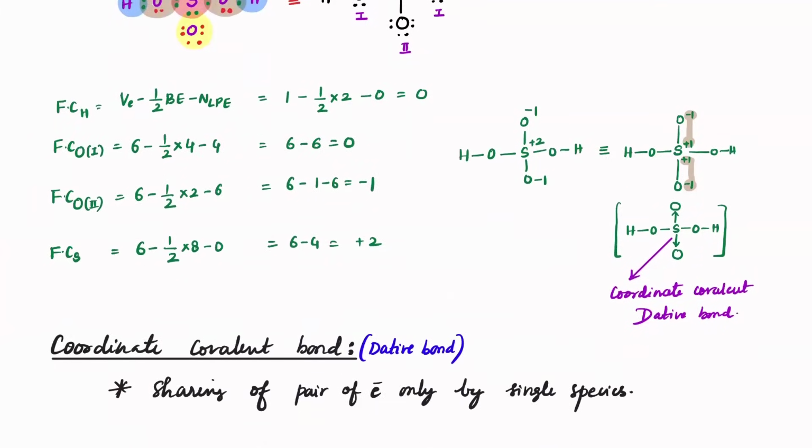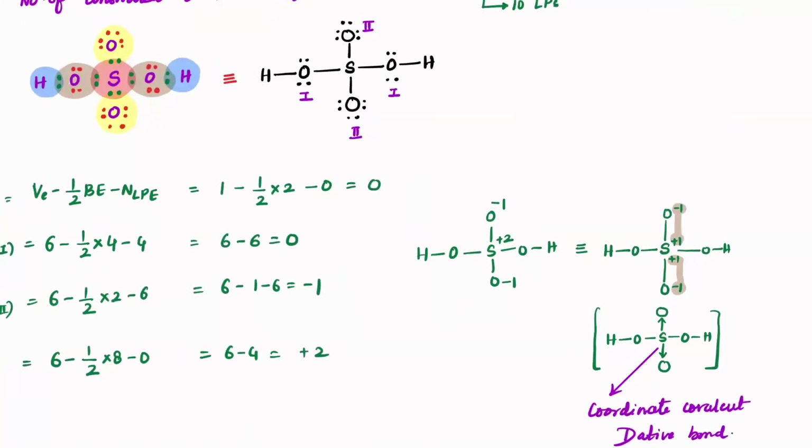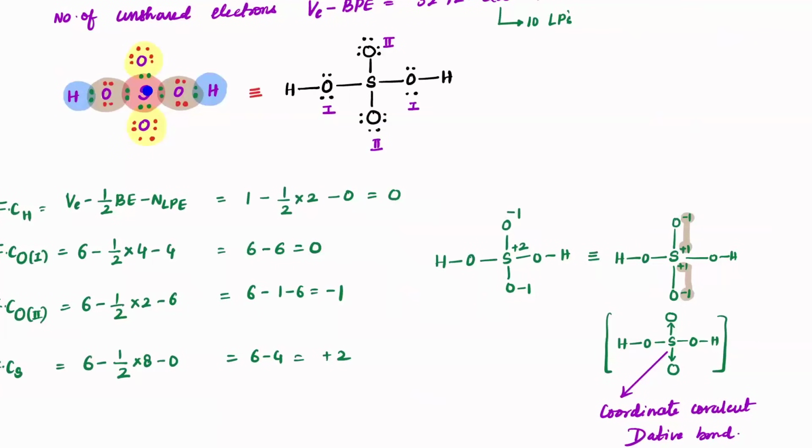And based on dative bond, what do we have? We will have sharing of electrons only by a single species. Now the arrow itself represents as if only sulfur is sharing its electrons and oxygen is not sharing its electrons, which does make sense. Go back to the structural design here.